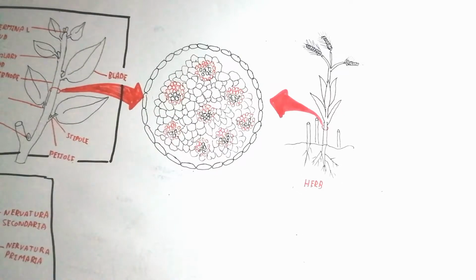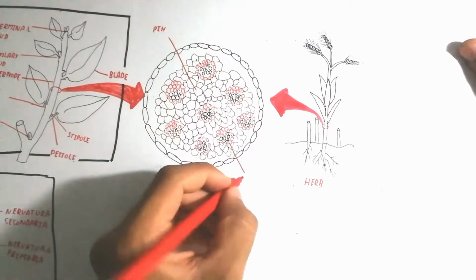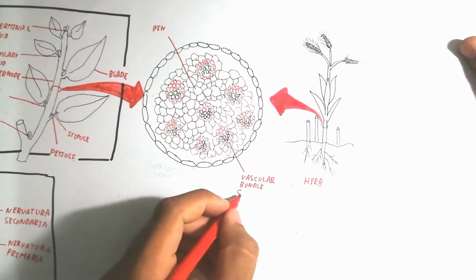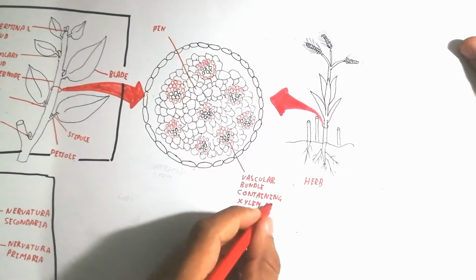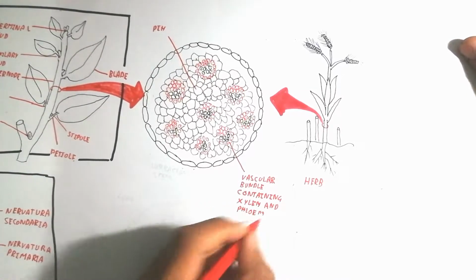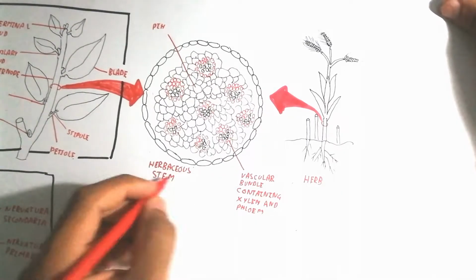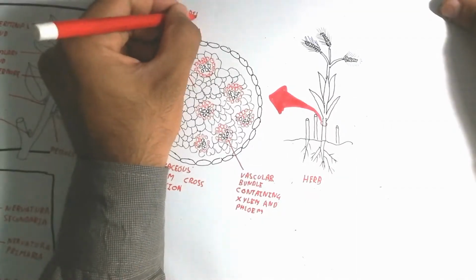Here the xylem and phloem are present in a scattered form, meaning dispersed around the stem, not arranged in a ring. Here are the protoxylem and protophloem. Here is the epidermis, and the cortex we studied in the previous lecture.